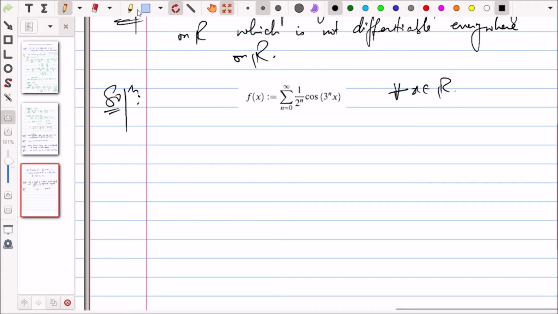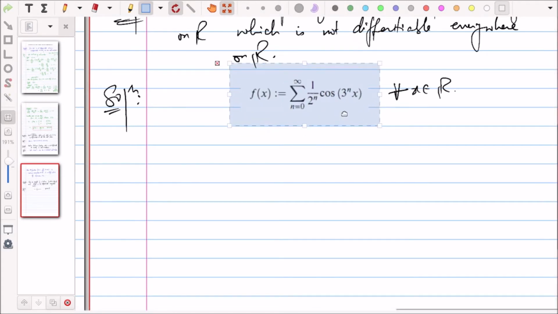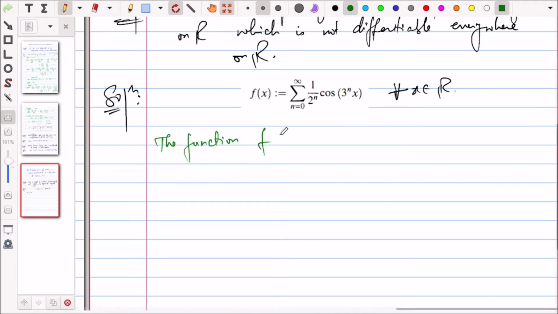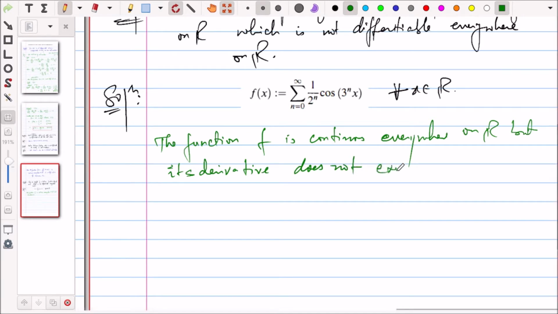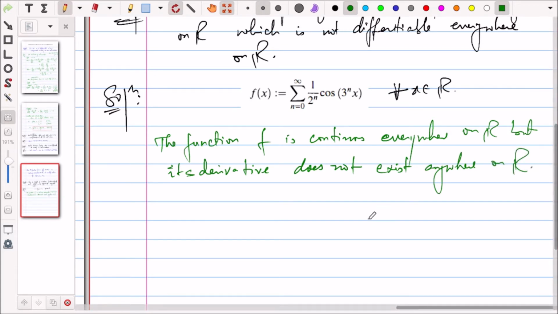This function f is continuous everywhere on R but its derivative does not exist anywhere. Okay, is it fine?